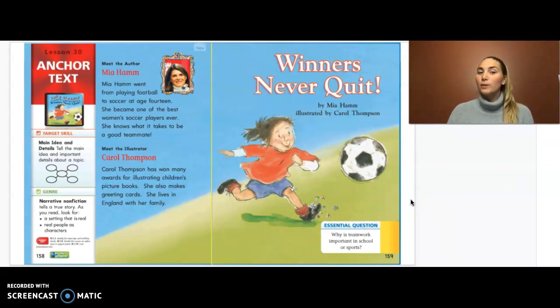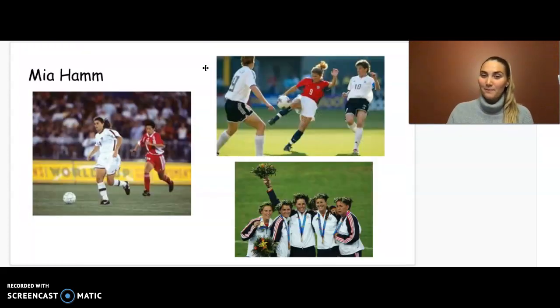Normally, our real-life stories have photographs. But this is an exception. It is still a real-life story, even though the pictures are drawn. And the soccer player, the football player, Mia Hamm, she's the author. She wrote this story. I hope you all enjoy it.